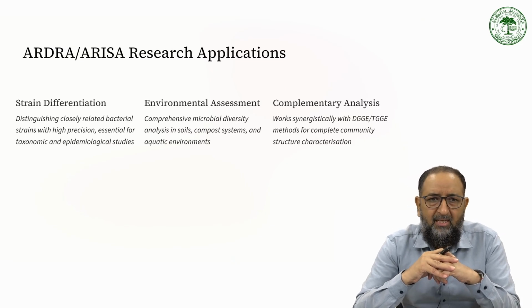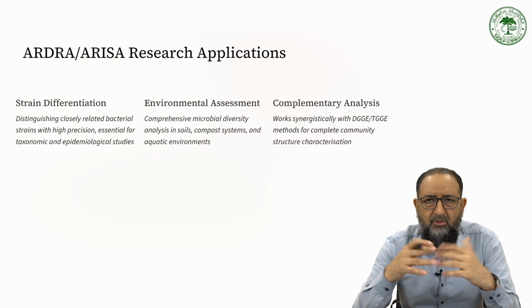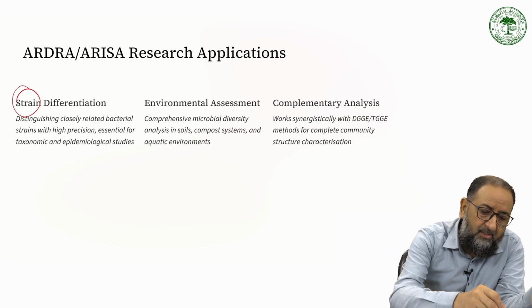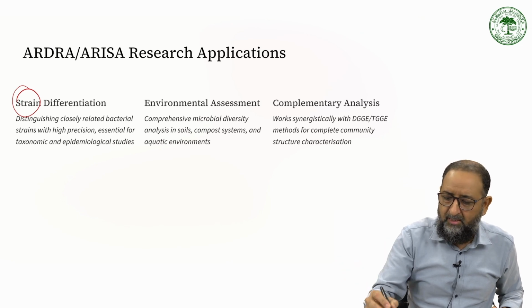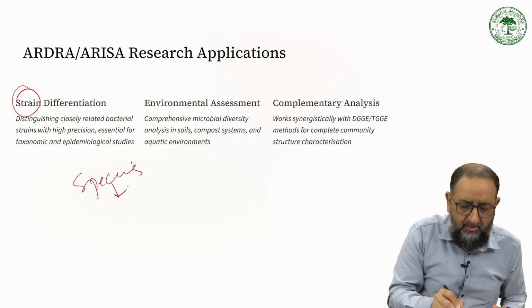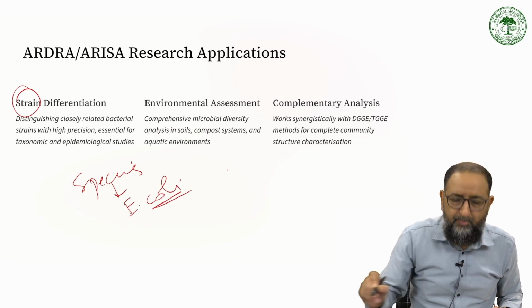Now, ARDRA and ERISA research applications, what are the applications of this? Of course, an application is strain differentiation. What is a strain? A strain is something beyond the species. I call E. coli a species.